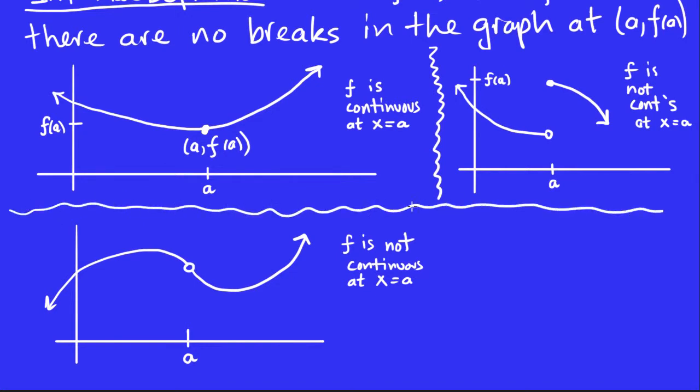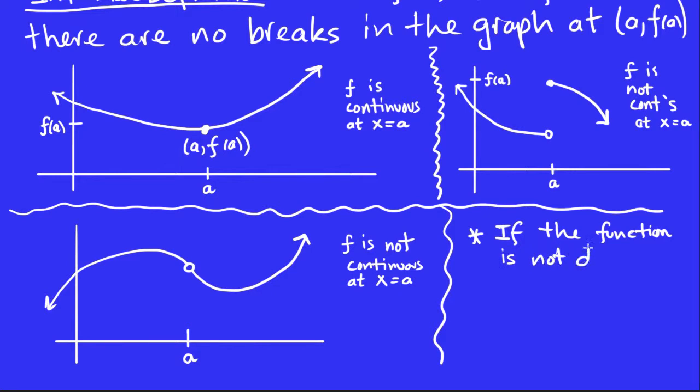I already said it, I guess, but it's so easy to forget, and it's really important to remember that. So if the function is not defined at x equals a, then most certainly it's not continuous there.